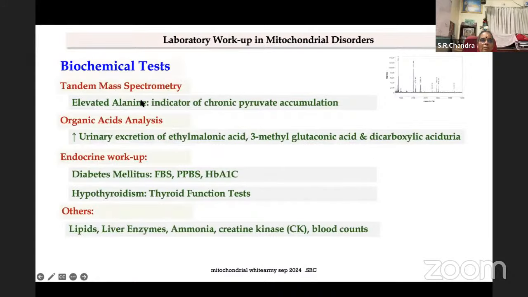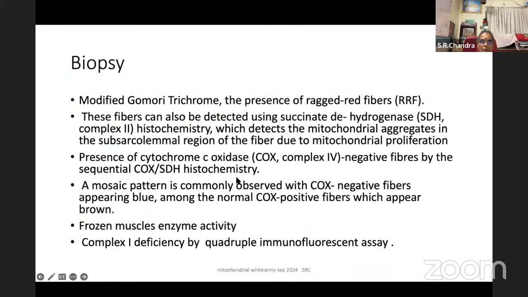And we had the tandem mass spectrometry: elevated alanine, an indicator of chronic pyruvate accumulation. And organic acid, you might find ethylmalonic acid and methylmalonic acid. We saw that in the first child I showed, about Leigh disease. And they can have diabetes, they can have hypothyroidism, they can have other system involvement, including ammonia.